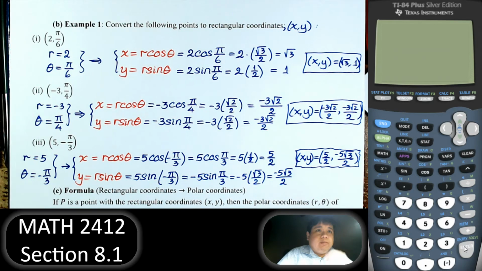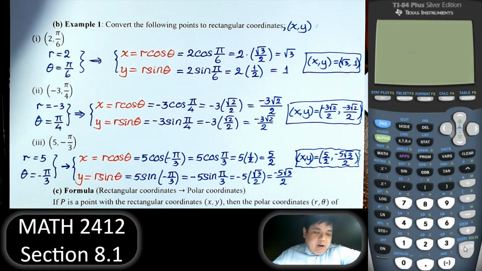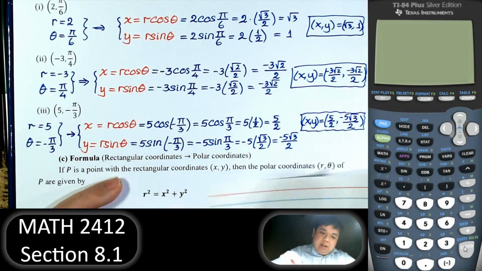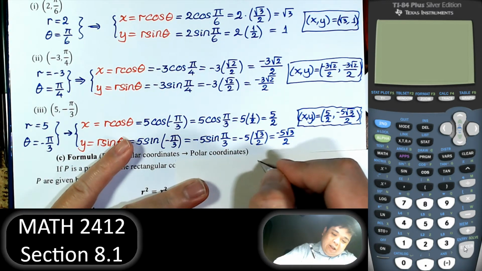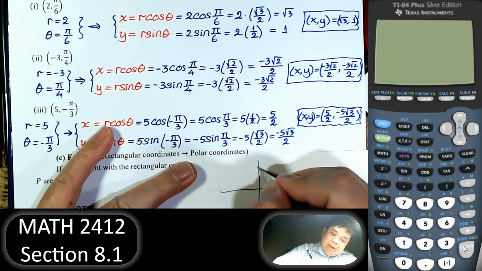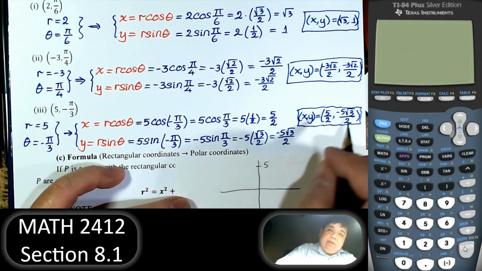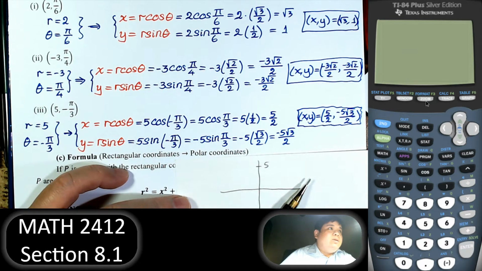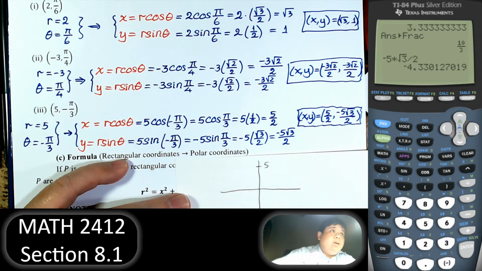Right, so simple enough. Of course, we can verify if we want to. I'm just going to do one of them. Let's say 5/2 and negative 5 square root of 3 over 2. That's about negative 4 something.